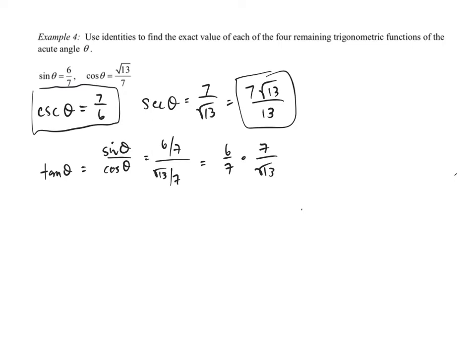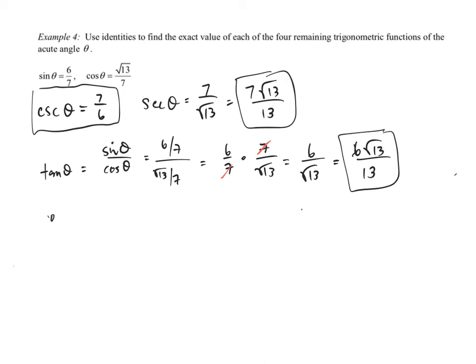What I notice now is that the 7s will cancel, and so this will give me 6 over the square root of 13. But that's not going to be an acceptable final answer. It's going to have to be rationalized. So I'm going to rationalize it by multiplying by root 13 over root 13, and that's going to give me 6 square roots of 13 over 13.